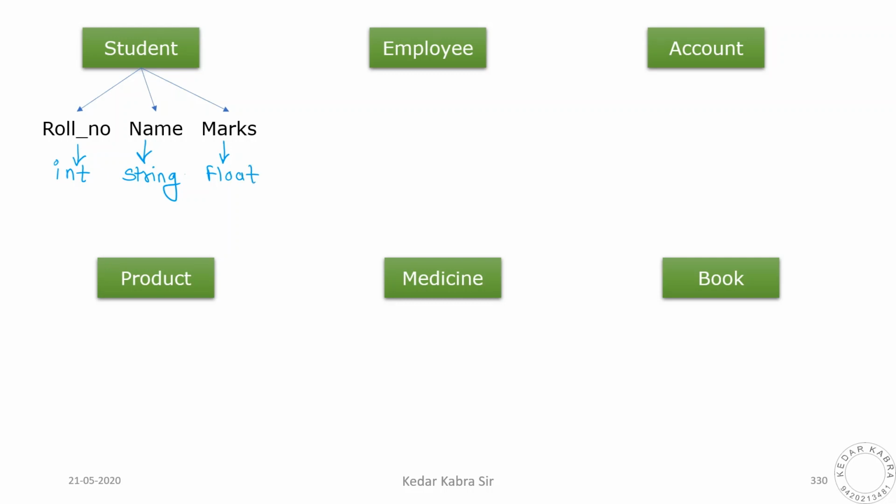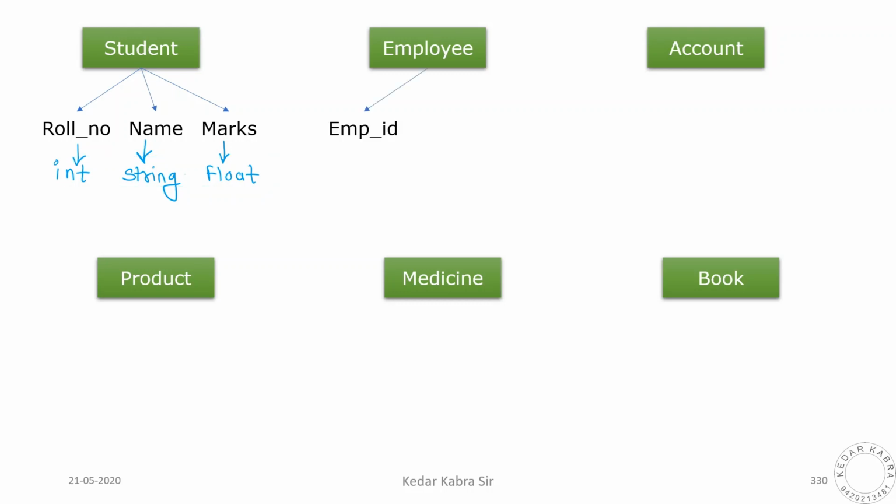That means in order to handle information of single student, we need to store 3 different kind of variables.